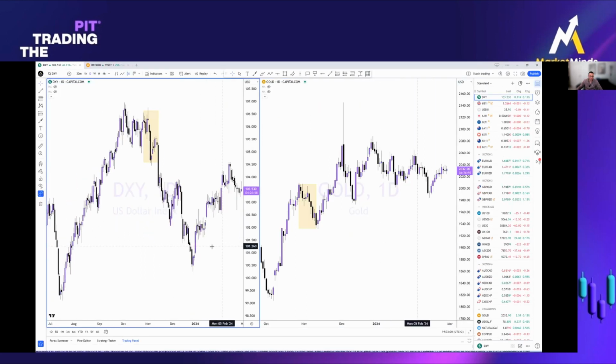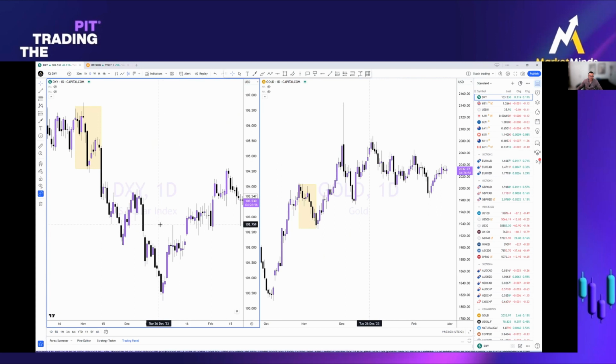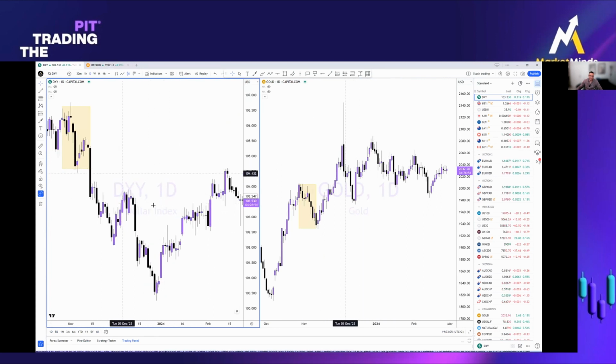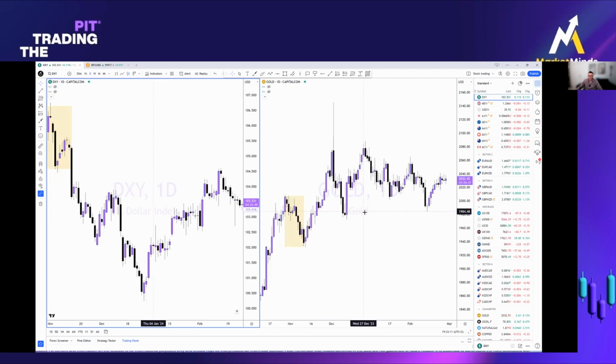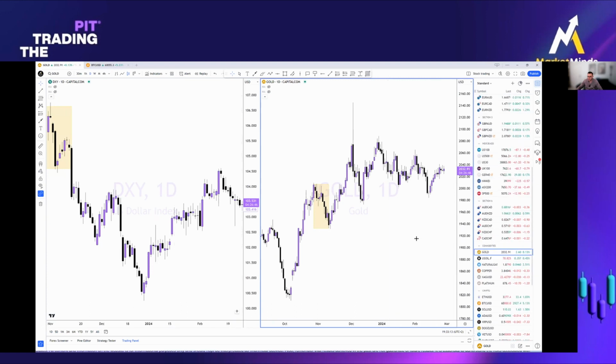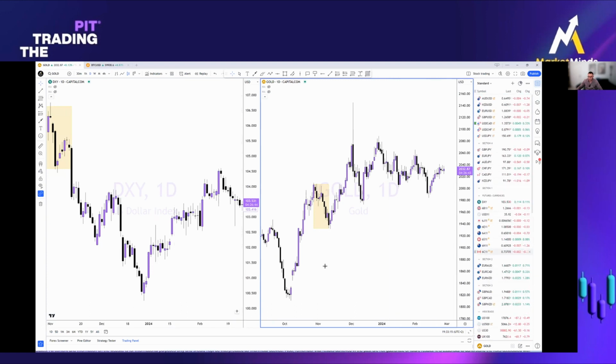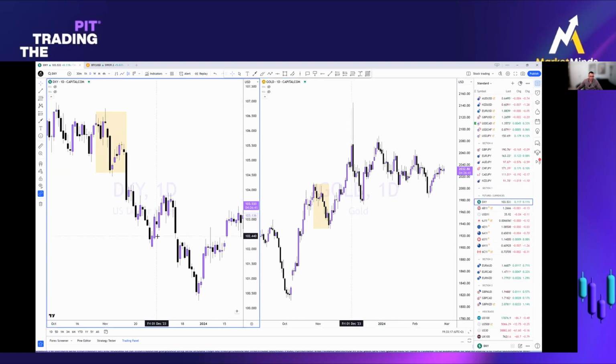For the first one, guys, here I have on the left panel, I hope you can read the watermark, the dollar index, and right behind here is the gold, both of them on the daily chart. So first let's examine the correlation between the dollar index and the gold.